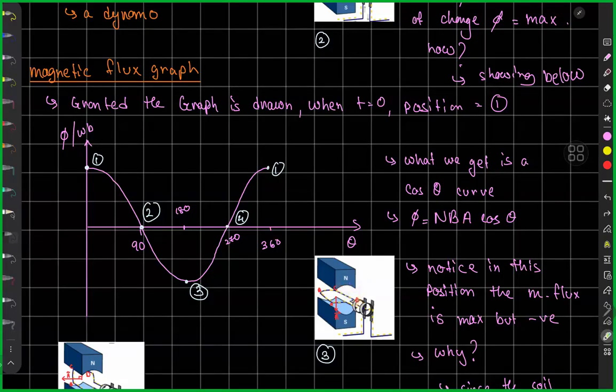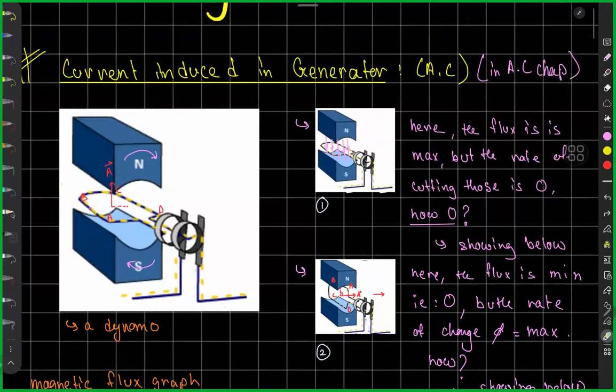You know why? Use your right hand grip rule. Initially, when the change in flux is happening in this direction, it is rotating clockwise, let's say. There's a flux change in this direction, that is, the magnetic field into the plane changes. That is, there is an increase of magnetic field lines into the plane that is cut through by conductor BA.